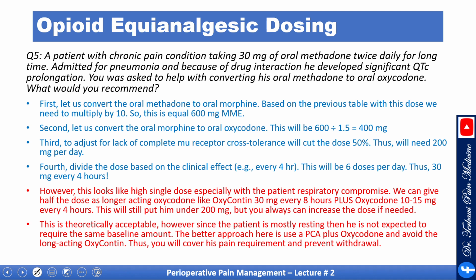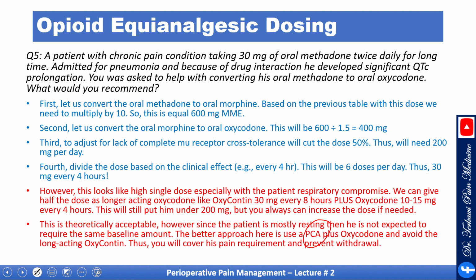But remember, here we are in an acute setting, postoperative setting. Patient has disease, immobilized, risk of respiratory compromise. So the other option, which I think is a smarter option, since the patient is mostly resting, not expecting him to need that much opioid, there's a better approach here: use a PCA plus oxycodone and avoid long-acting OxyContin.